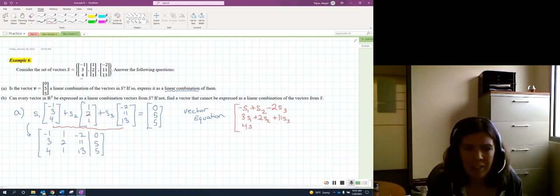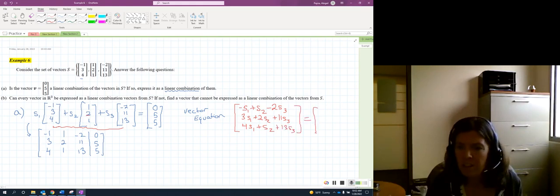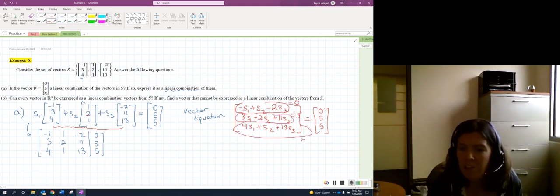And the third entry, I'd have 4 times S1, S2 times 1, 13 times S3, equals this vector 0, 5, 5. So that would lead me to this system of equations. The first entry must equal 0, the second entry must equal 5, and the third entry must equal 5. That system of equations is represented by this augmented matrix.